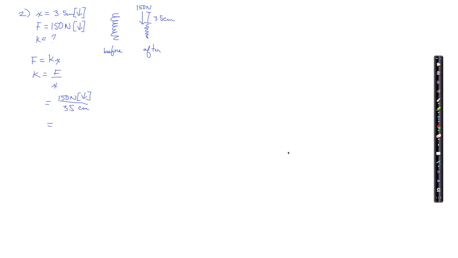Which equals a K of 42.86 newtons per centimeter. Now, because this compression is also down and the force is down, then the directions cancel, and K, which is not a vector, does not have a direction.